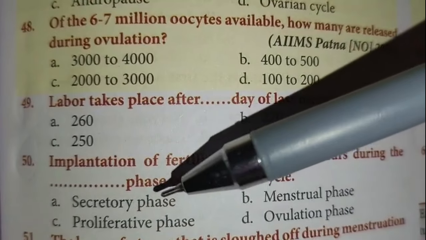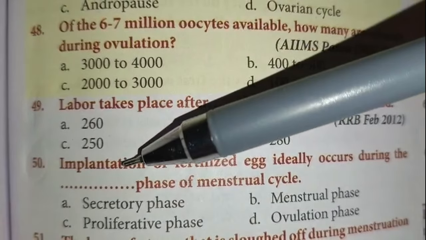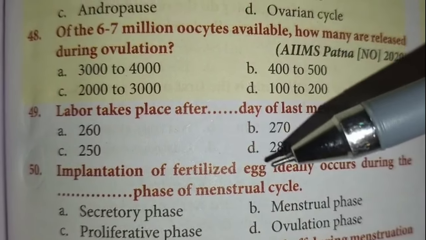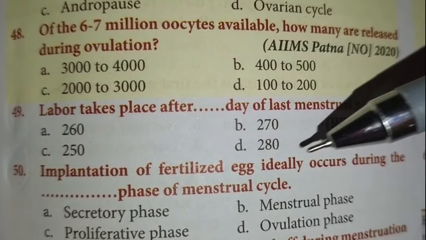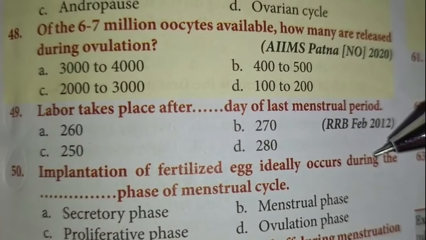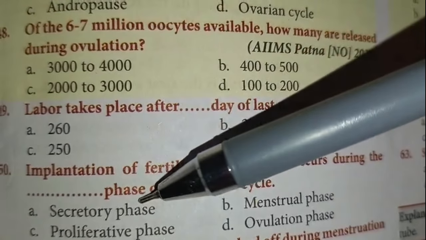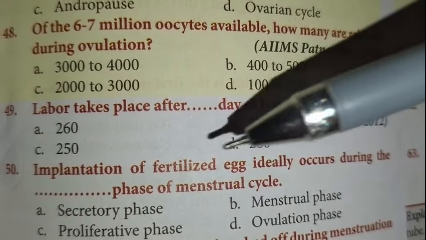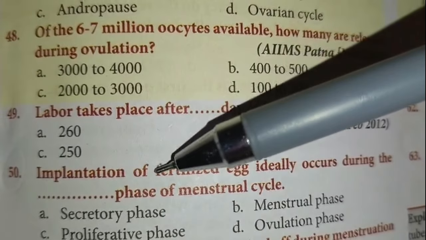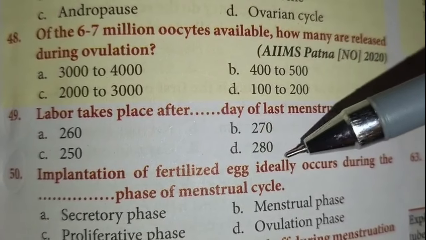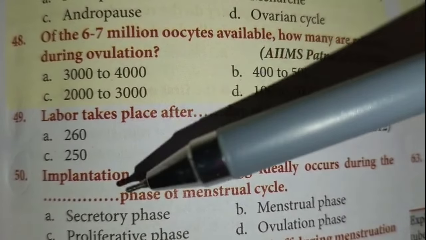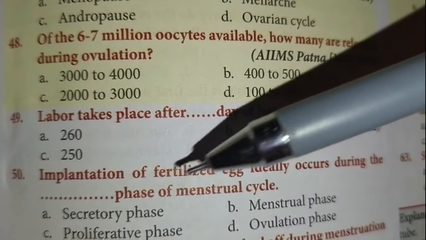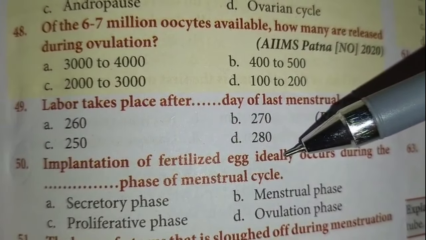And the next important question is, implantation of a fertilized egg ideally occurs during dash phase of the menstrual cycle.